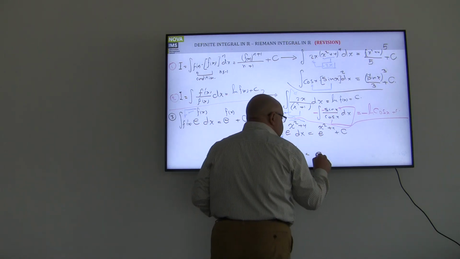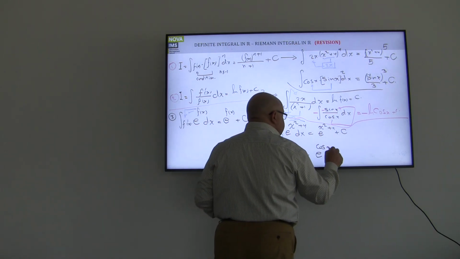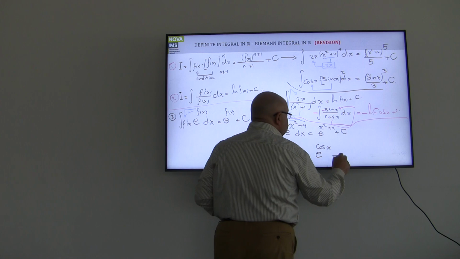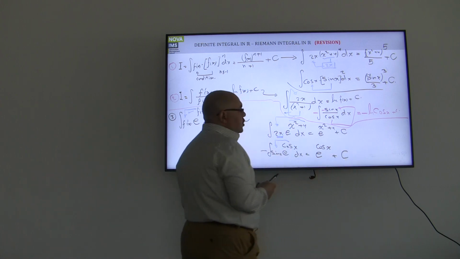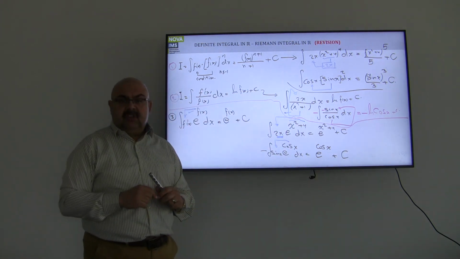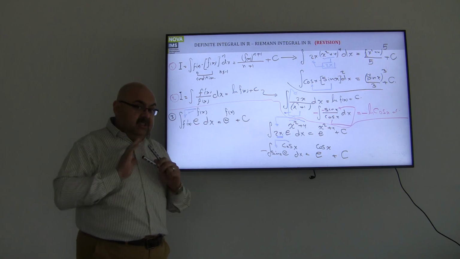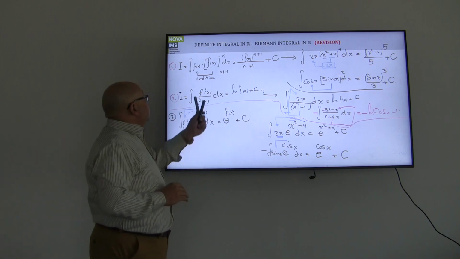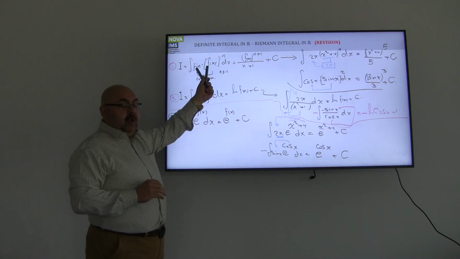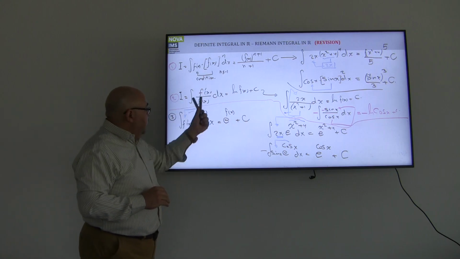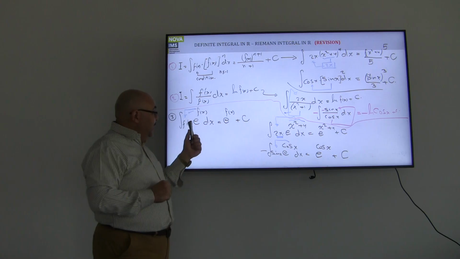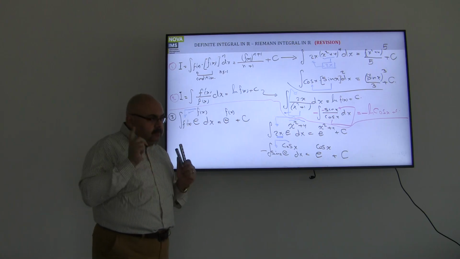It's going to be e to the power of cosine of x plus the constant of integration, as you can see. Those rules are really very important. They are direct rules. This is the rule of adding 1 on the power and dividing by the new power. That's the logarithmic function, and that's the exponential function.